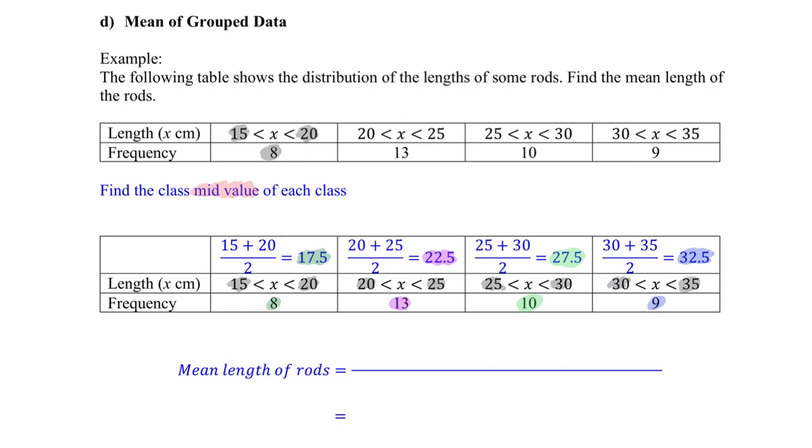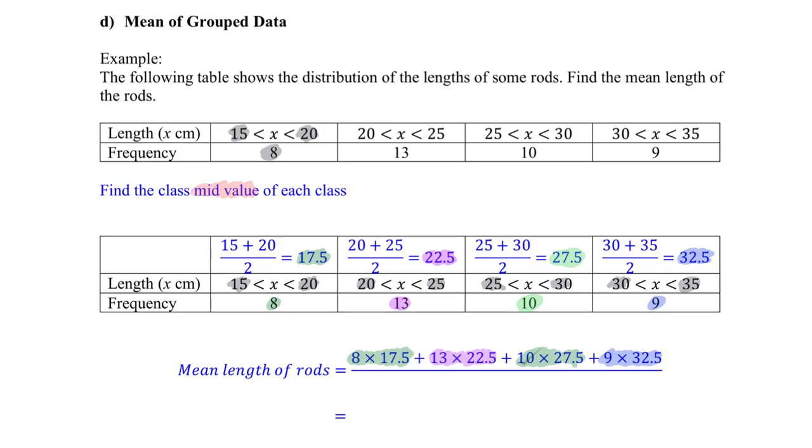The total length will be 8 times 17.5. That will give me the total length for the first class, followed by the second, third, and fourth. 8 times 17.5 gives me the total length for these 8 rods. Then 13 rods of 22.5 each, 10 of 27.5, and the last one would be 9 times 32.5.